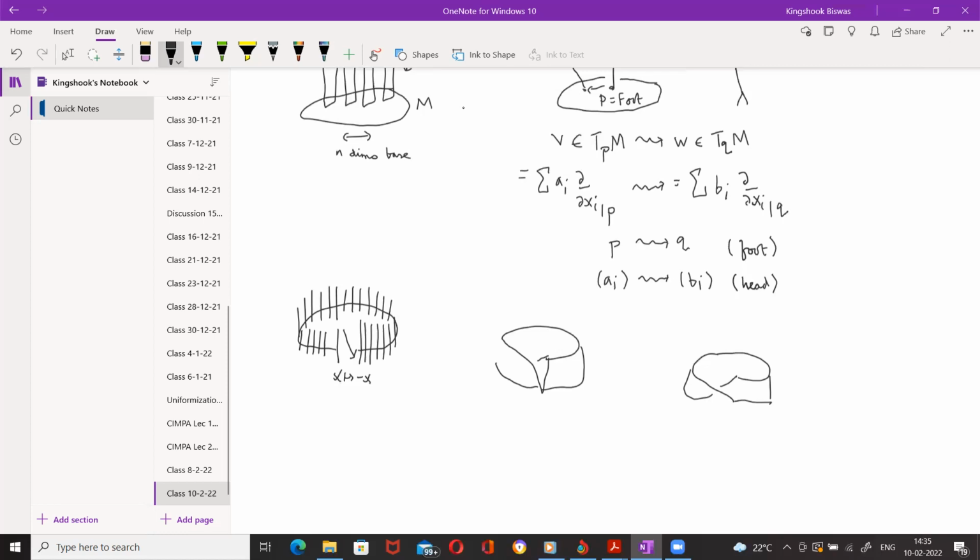M is second countable, right? So you have a countable basis for the topology of M. So you have a countable collection of U_i's which cover M, and the U_i's form a basis for the topology of M. Now you look at the TU_i's. Each TU_i is homeomorphic to an open set in R2n, which is second countable.